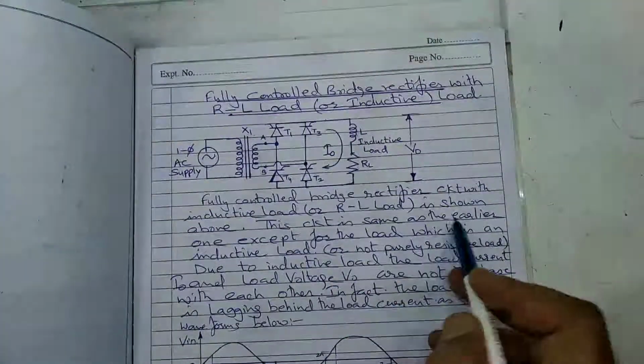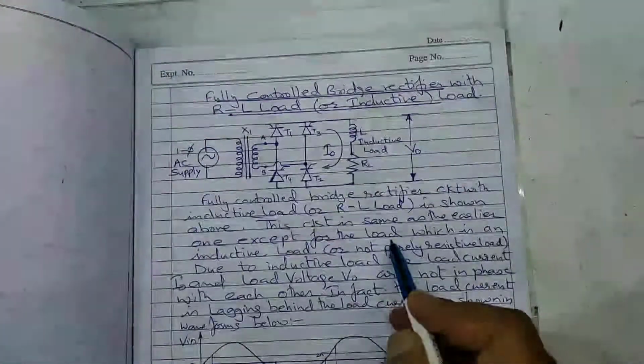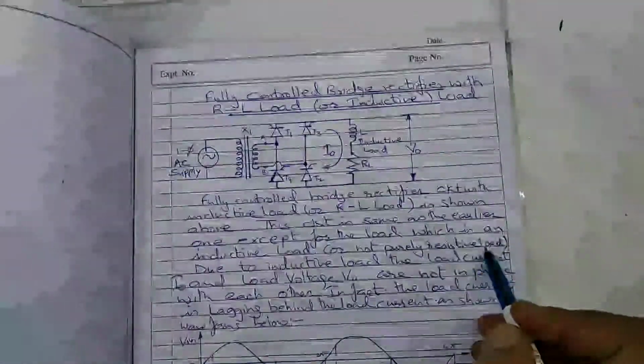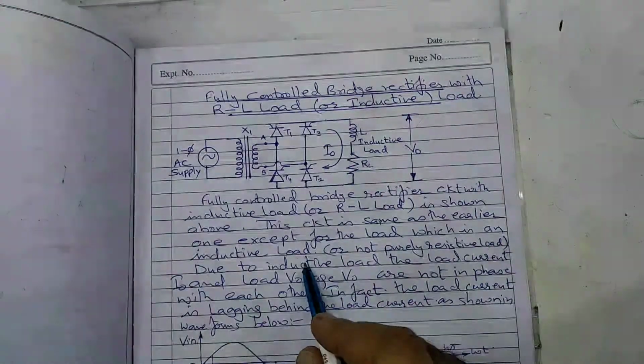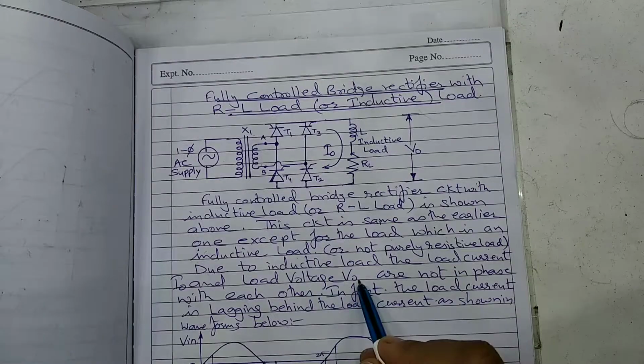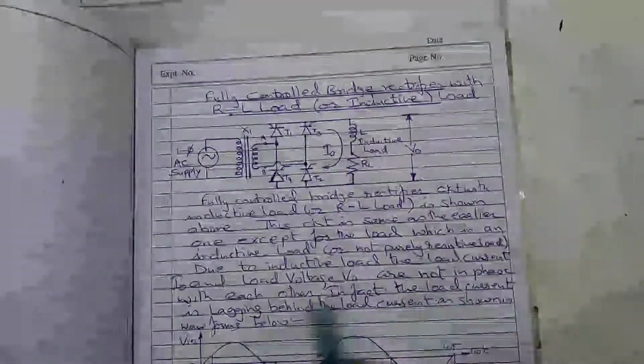This circuit is the same as the earlier one except for the load, which is an inductive load, not a purely resistive load. Due to the inductive load, the load current IO and load voltage VO are not in phase with each other.